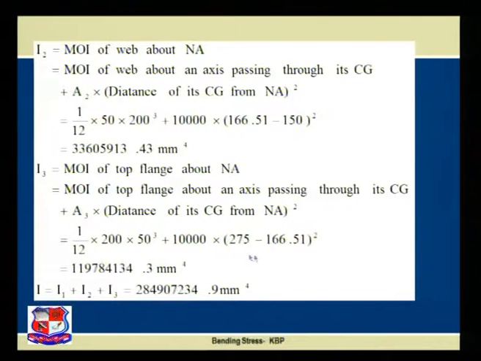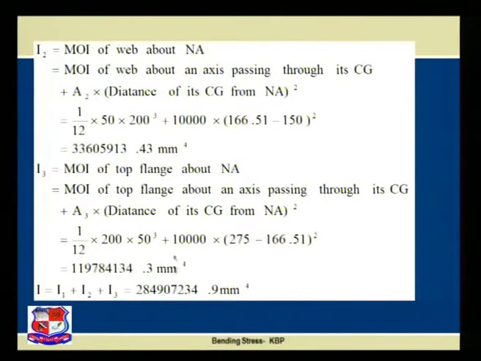Now I have to find Y3, the distance of CG from the neutral axis, that is 275 minus 166.51 squared, and we achieve this value. By doing the summation, I is equal to I1 plus I2 plus I3, we achieve this much value of total I for the given I section.